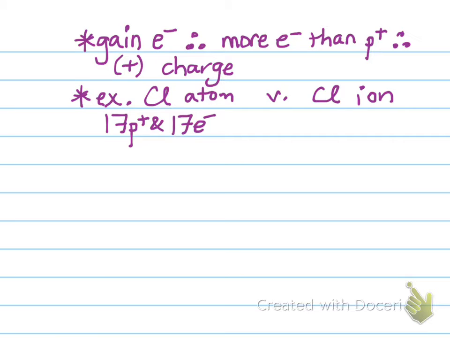When chlorine becomes an ion, it still has to have 17 protons, because remember, if I changed the number of protons, I wouldn't be chlorine anymore. But now, chlorine as an ion has a -1 charge, which means it has one more negatively charged electron than it does positively charged protons. So it's gained 1 electron, so it has 18 electrons.